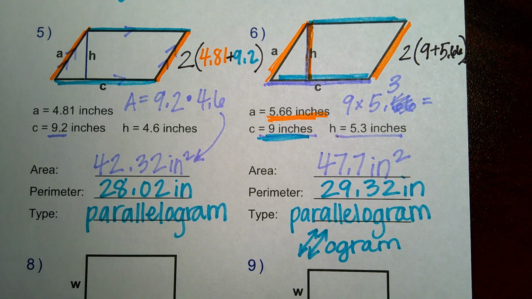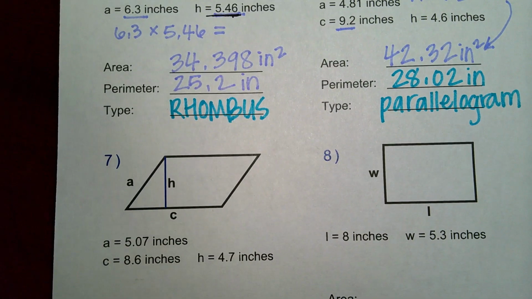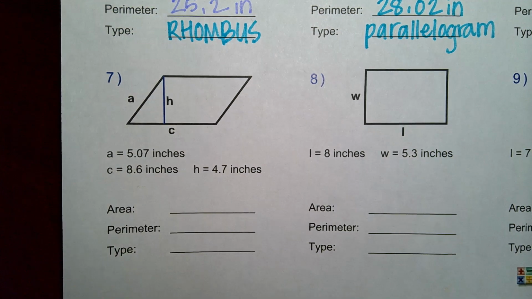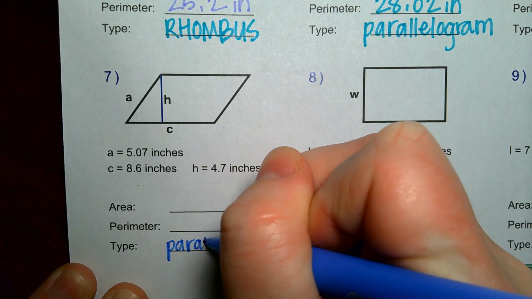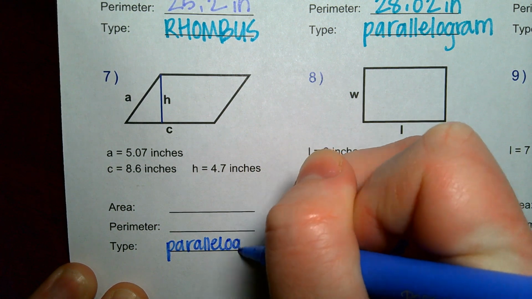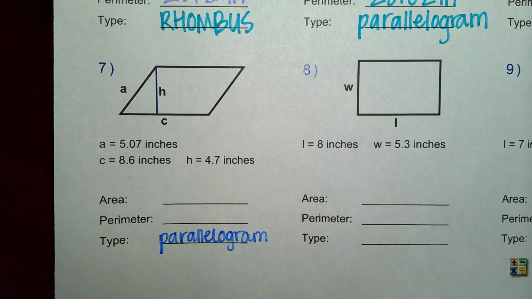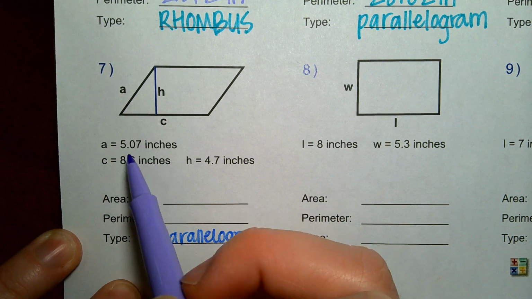Ready for 7? Here we go. Now, we've got another one of these shapes. Another parallelogram, yes. Which two values are we using for area? The base, which is what letter?